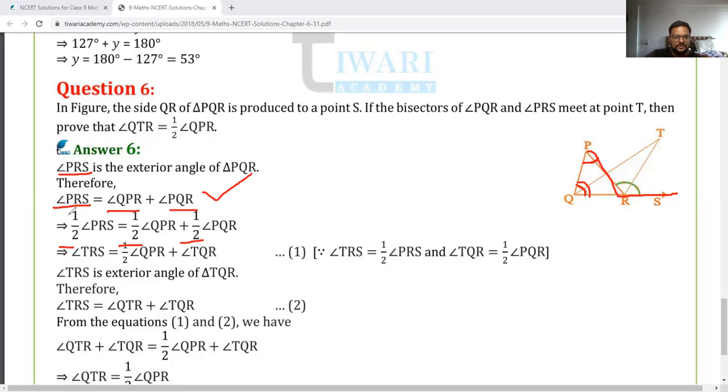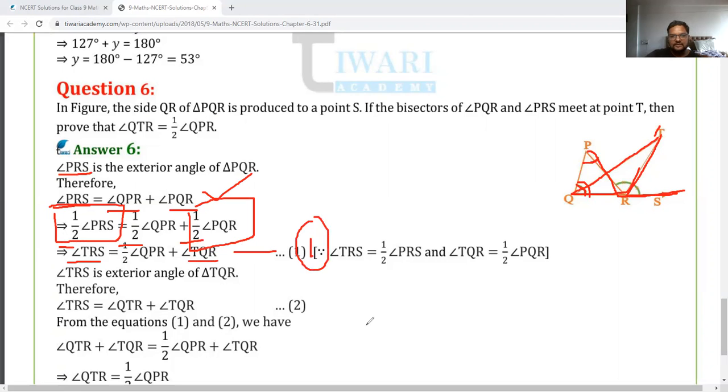On doing so, half of PRS we can write as TRS. And we copy this one as it is. And again, half of PQR, the half of this will be what? TQR. That I have mentioned. So this is your first equation.